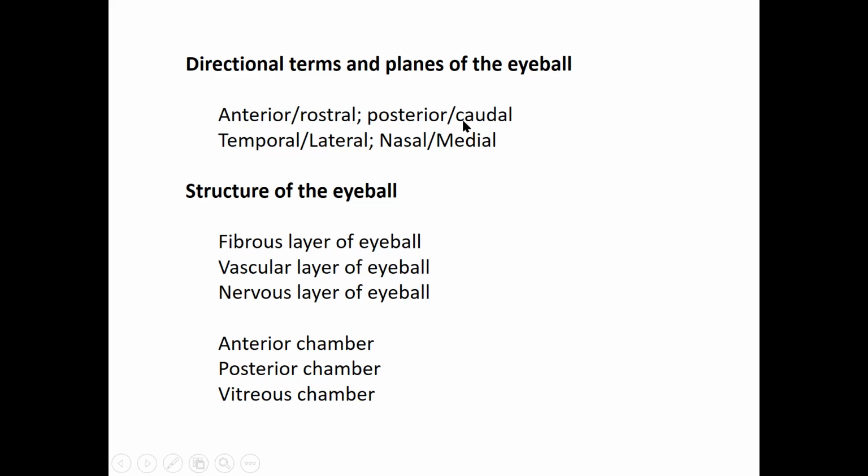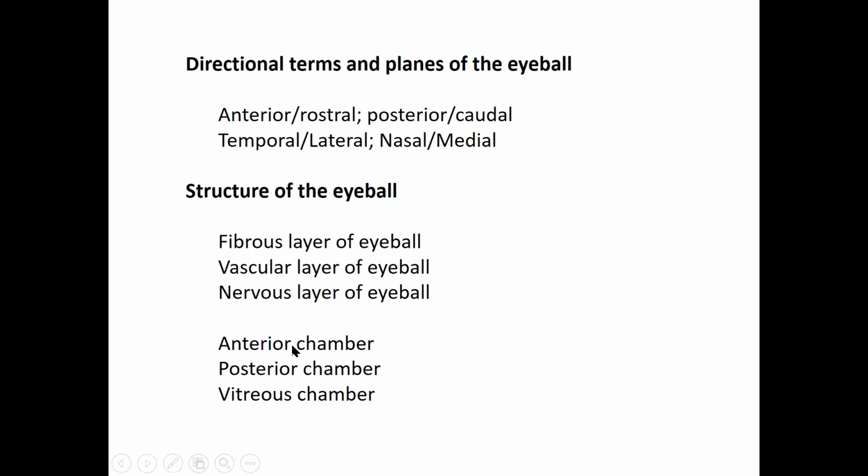Posterior and caudal are also used to indicate the surface which is towards the tail of the animal. Then the lateral surface of the eyeball is also called the temporal surface because it is towards the temporal bone, and the medial surface of the eyeball is also called the nasal surface or the nasal direction because it is towards the nasal bone.